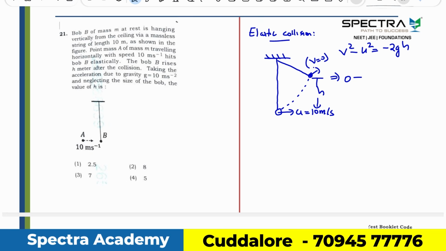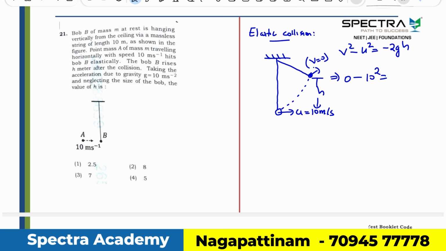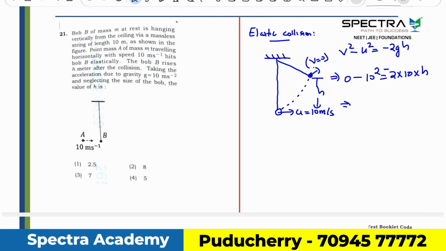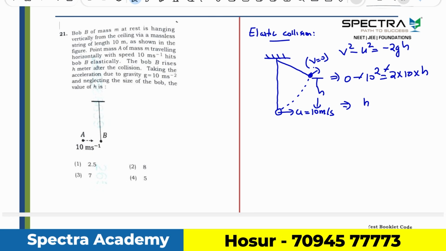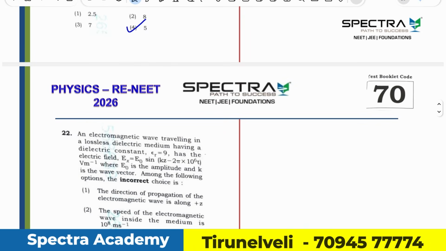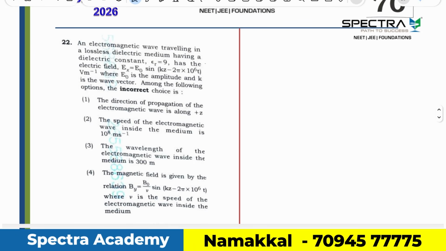So 0 minus 10 square is equal to minus 2 into 10 into h. The minus and minus will cancel, so h is equal to 5 meter. So what is your option? Option 4.